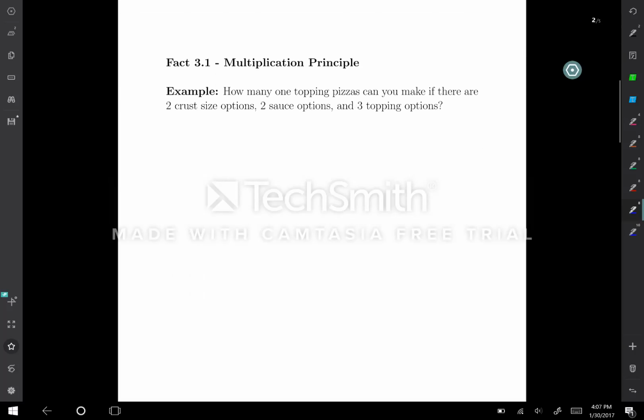Now, we're going to examine many problems that involve making lists. So, for example, how many one-topping pizzas can we make if there are 2 crust sizes, 2 sauces, and 3 toppings? So, let us begin by thinking about this in terms of our first choice, the crust.